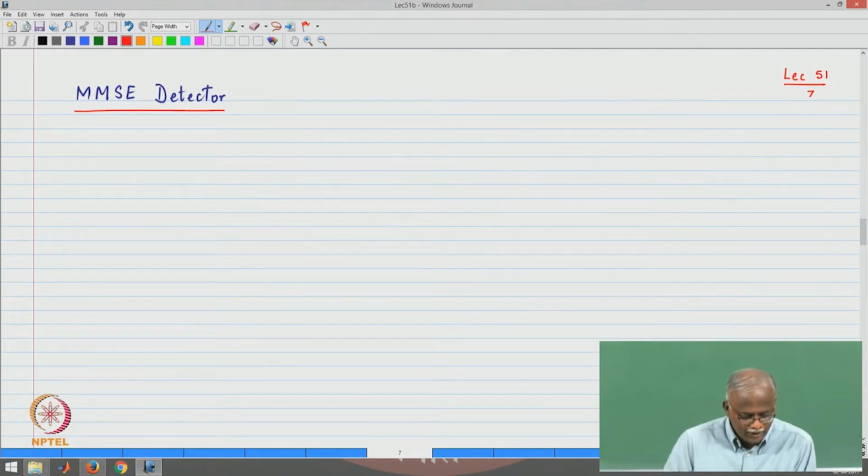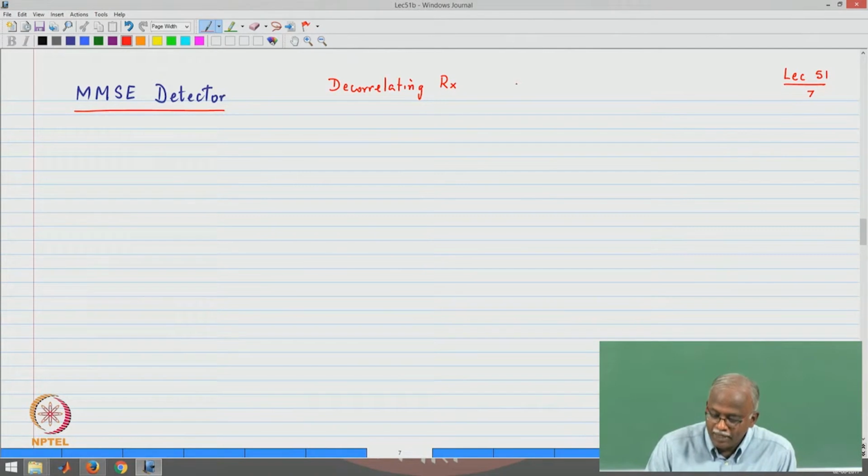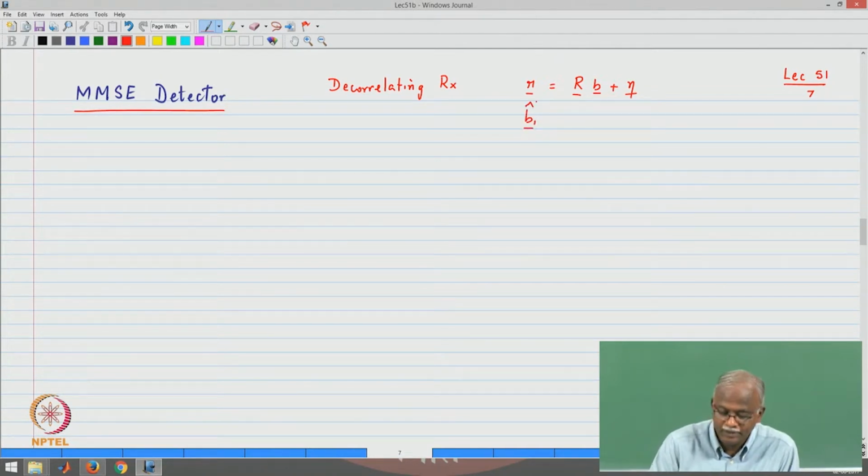So, just for reference, the decorrelating receiver does the following computation. We are given that the output of the correlators is R equals R times B plus eta, and the decision vector B hat is given by R inverse times R. That is the expression for a decorrelating receiver.